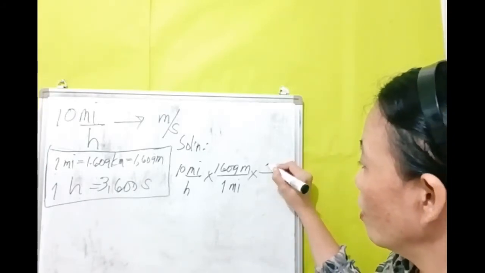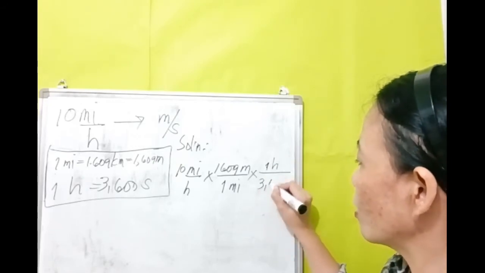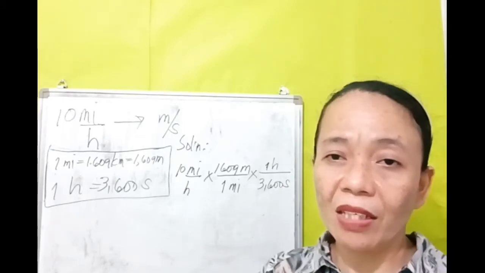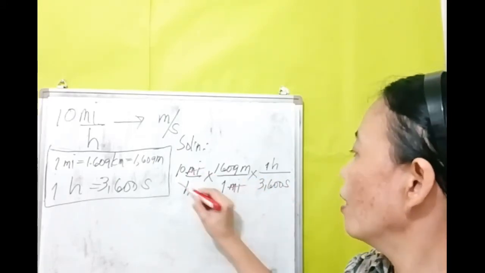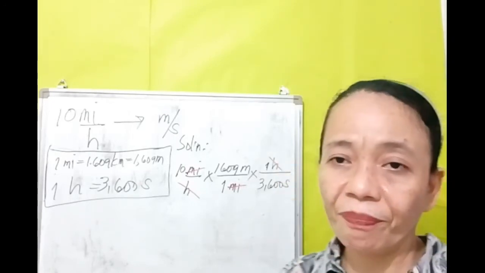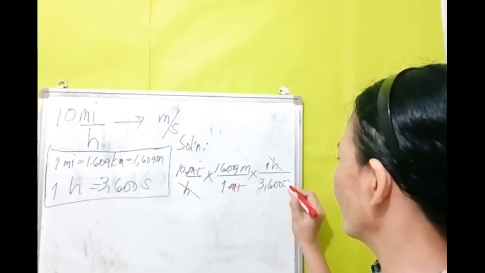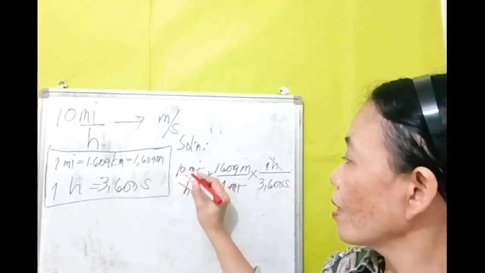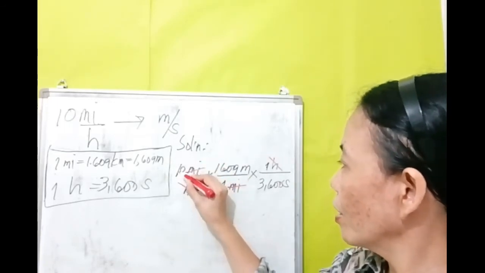So we're going to write 1 hour here in the numerator, then 3600 seconds in the denominator. So let us cancel now mile and mile, hour and hour. What else? How about the number of zeros? So let us just cancel 1 zero, since there is only 1 zero available in the numerator side of the equation.